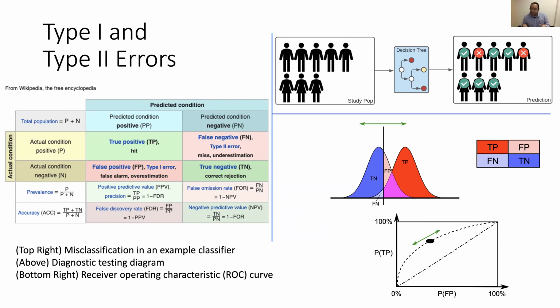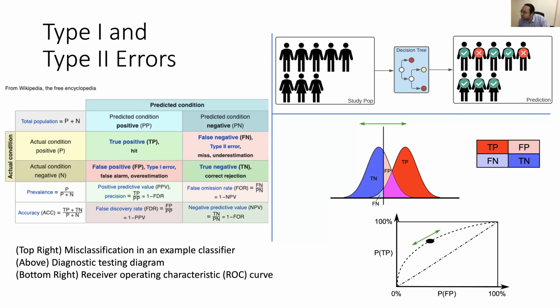So in a clinical setting, in a diagnostic setting, in biomedicine, we all love to talk about the ROC curve, right? And this is just a graph of your type 1 errors, your false positives, and then 1 minus your type 2 errors. So 1 minus your false negatives is by definition your true positives. So you can see how it's graphically representing the relationship between your model's sensitivity and specificity.